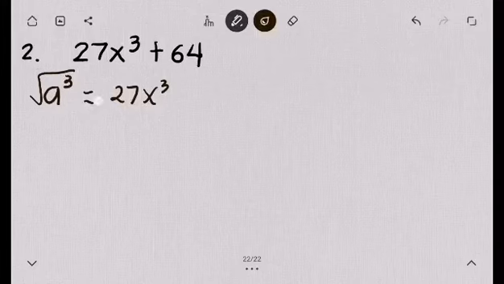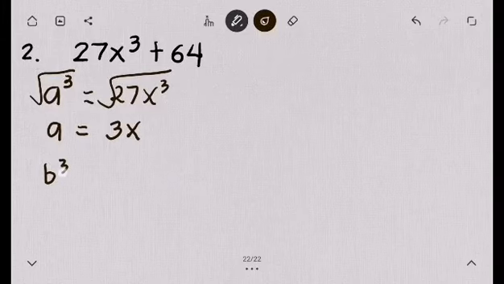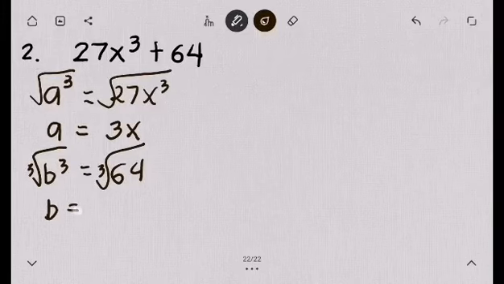So, value ng a is 3x. Okay. So, sa b cube naman, so we have 64. Pag kinuha natin yung cube root, so that is b equals to 4. So, pwede na tayong mag-proceed doon sa ating factoring.